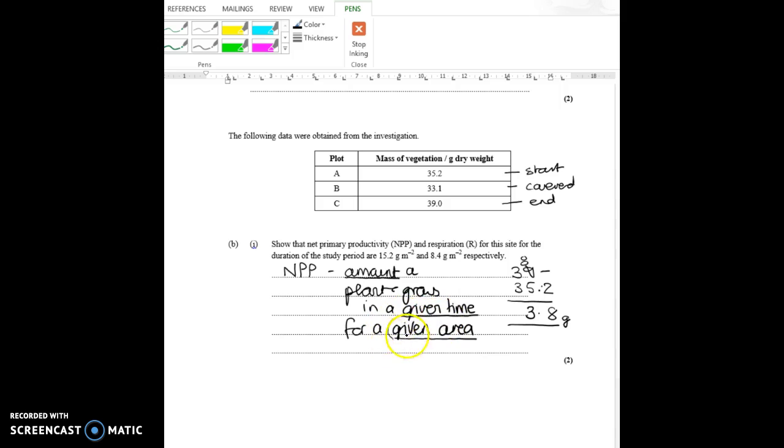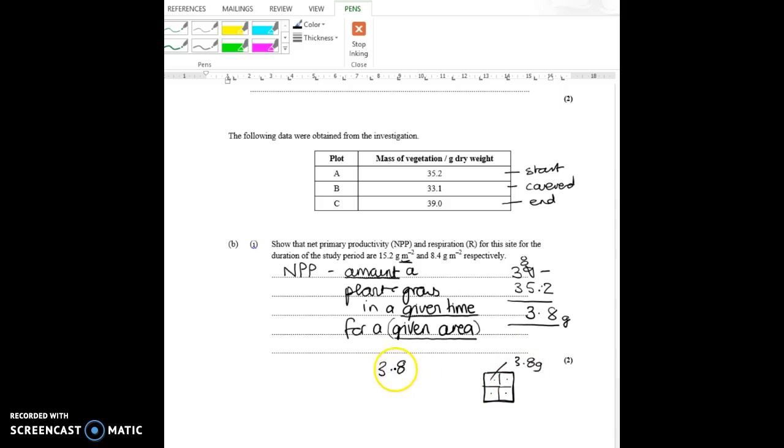But when we look at the given area, the amount that these students were doing this for was 0.25 meters squared. So a quarter of a meter. So in here it grew 3.8 grams. Here it wants to know my units in meters squared. So for the given area now, I'm going to know this for a meter squared. So this is 4 times the 3.8.